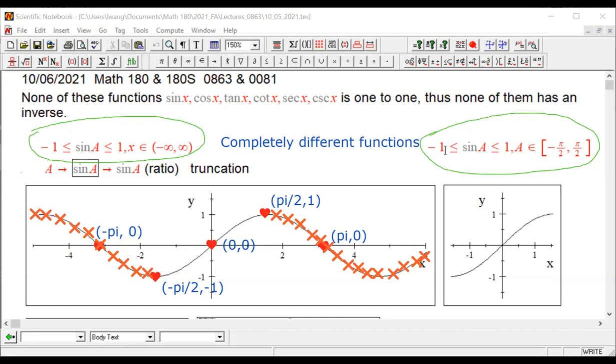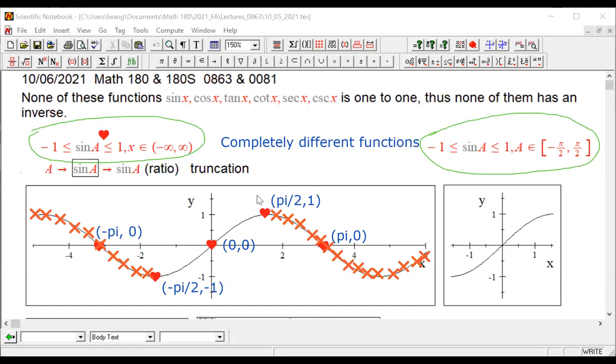For example, you're going to see sine function being mentioned over and over again in the literature. Which one do we refer to? We always refer to the first one, unless otherwise specified.